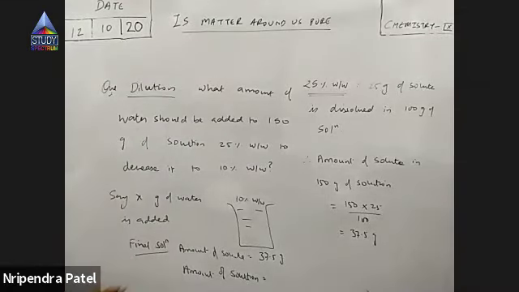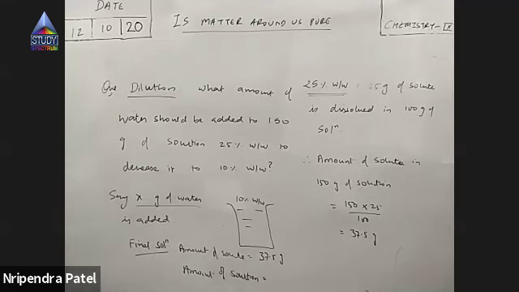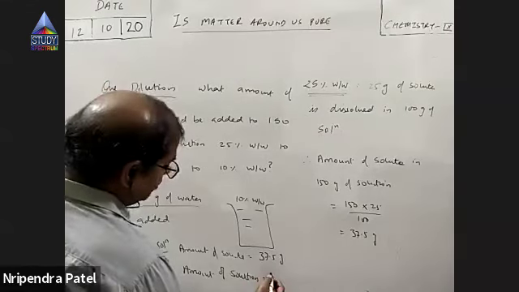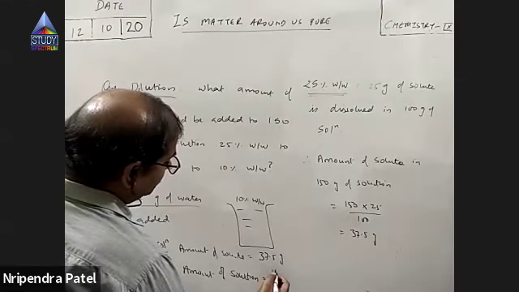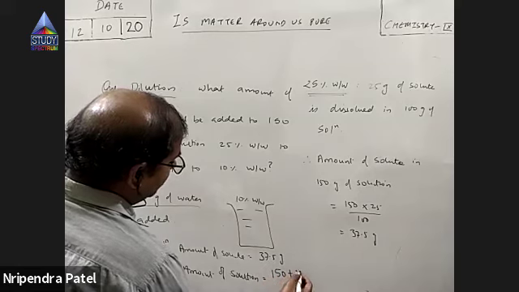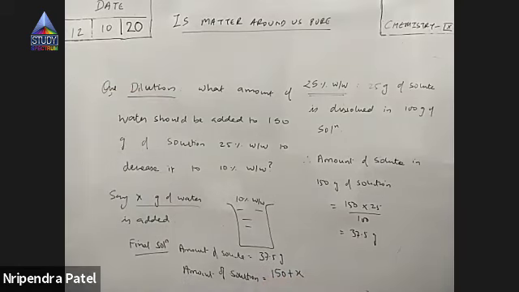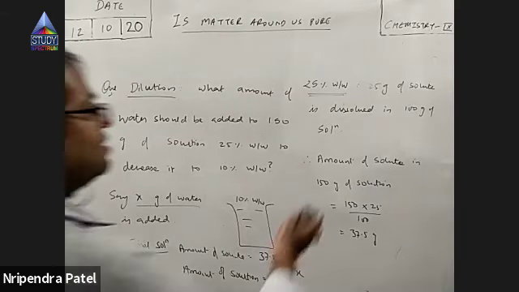And how much water is added in it? Say X gram of water was added. So the total mass of the solution is 150 from before, and additionally X gram. So the total amount of solution is 150 plus X now, right?